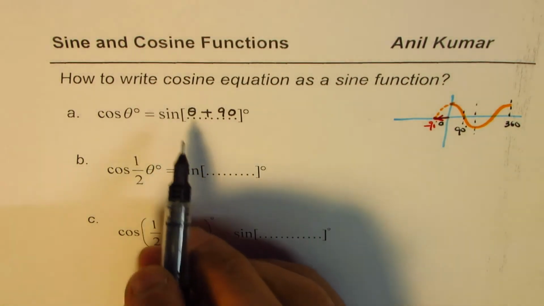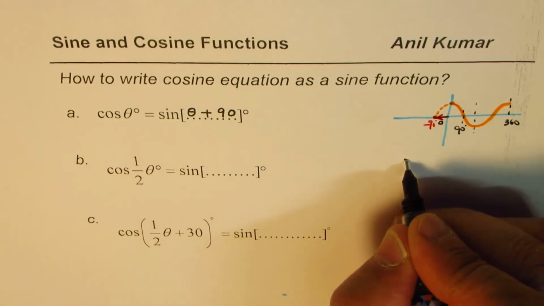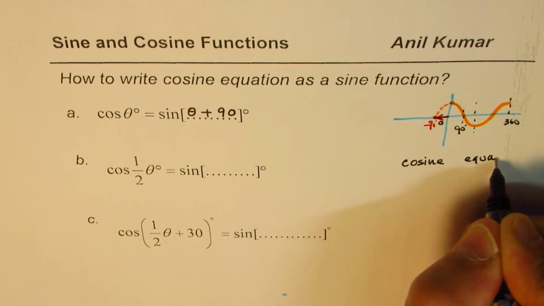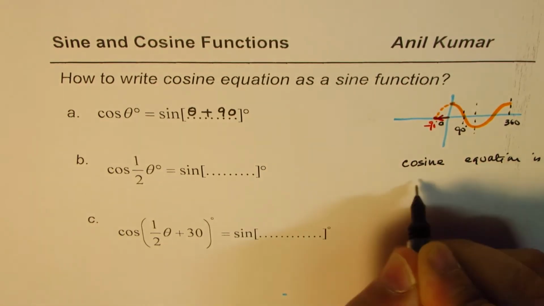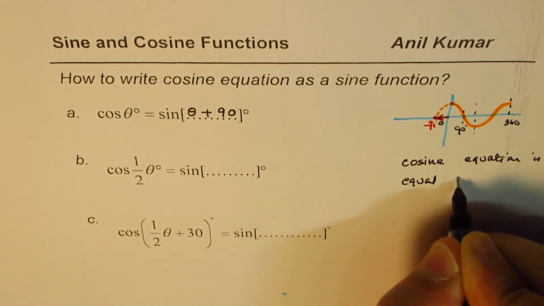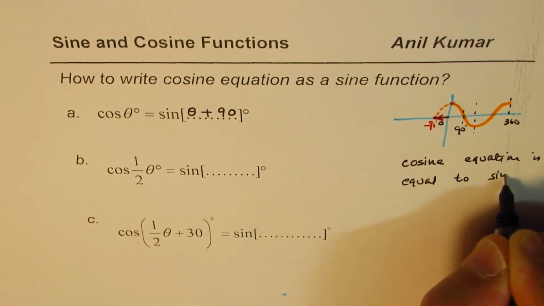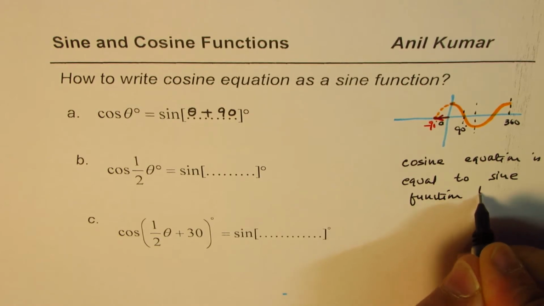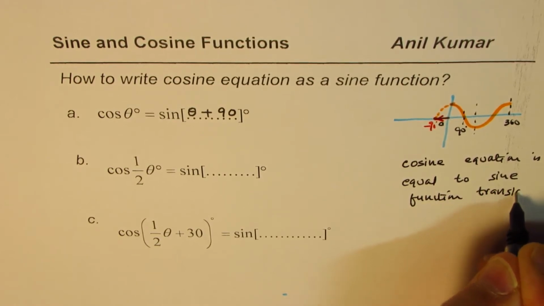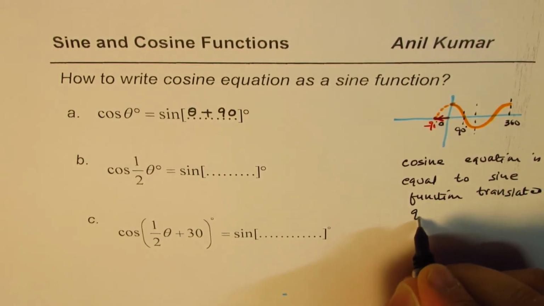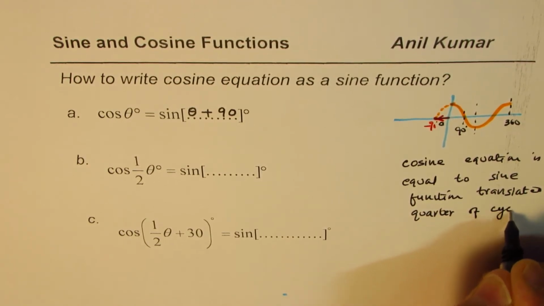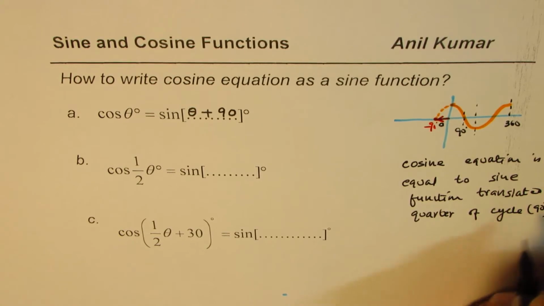So the relation basically is that cosine equation is equal to sine function translated quarter of cycle, in this case 90 degrees left.